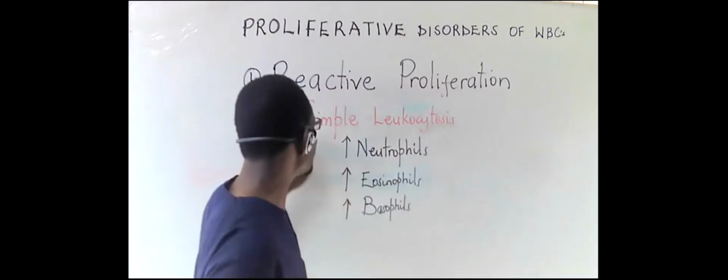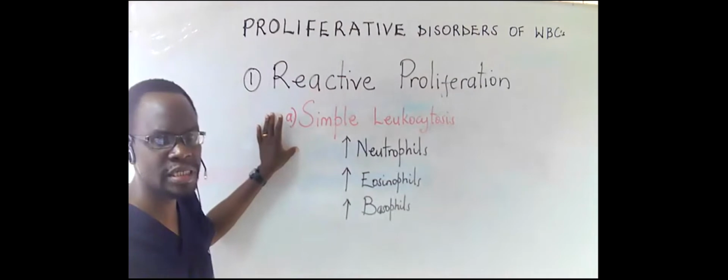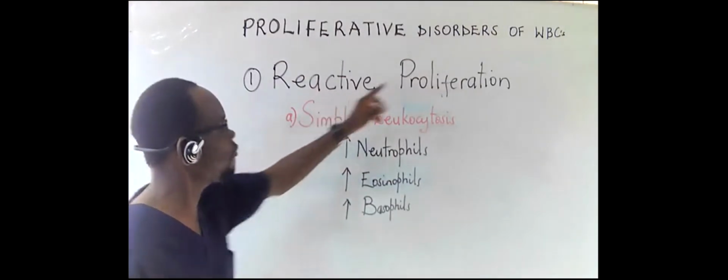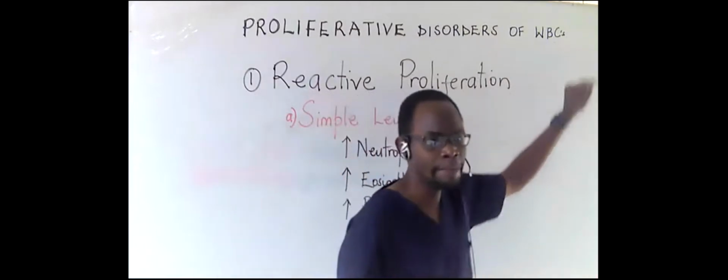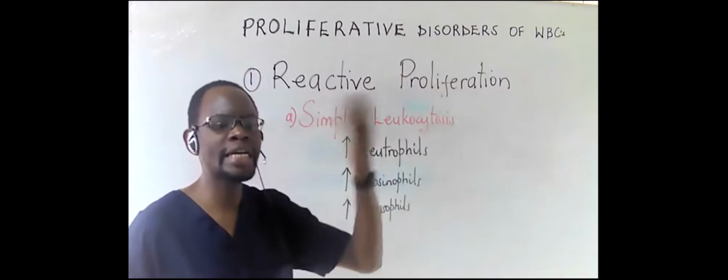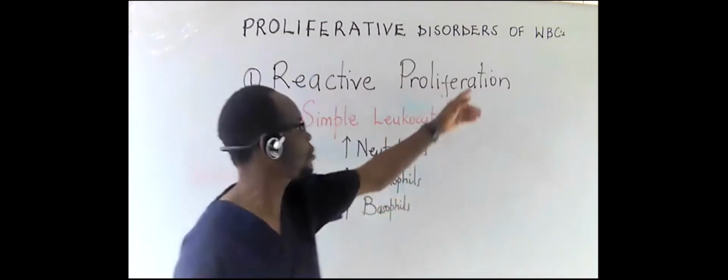So what are we saying? We are saying that in a simple leukocytosis, you basically have an increase in number of white blood cells. But remember, you can have proportionate adjustments in the different cells that make up the white blood cells.